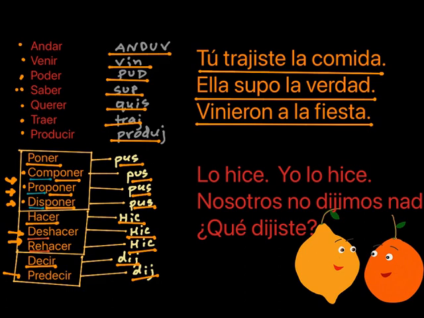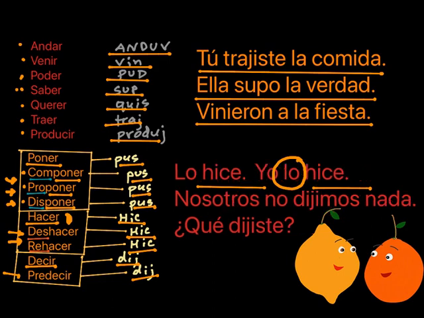We have here lo hice, and that would be for this verb to do or to make right here. It means I did it. Note that subject pronoun, this one, is optional in Spanish, so you could use it or you could skip it because Spanish is the language of freedom. All right, nosotros no dijimos nada.